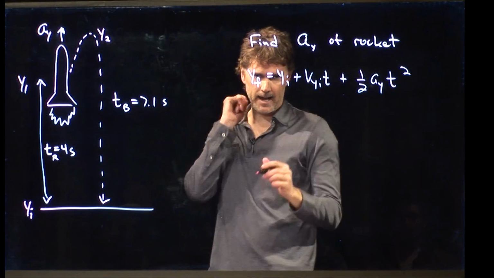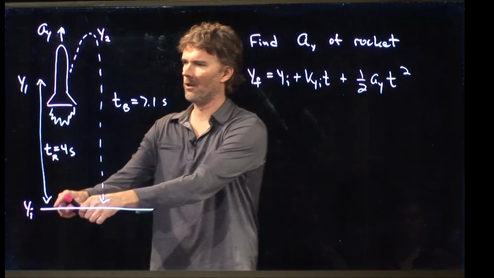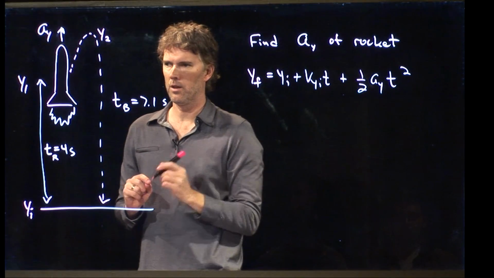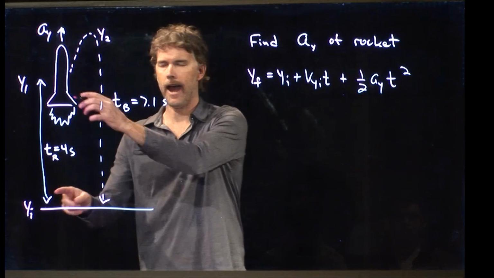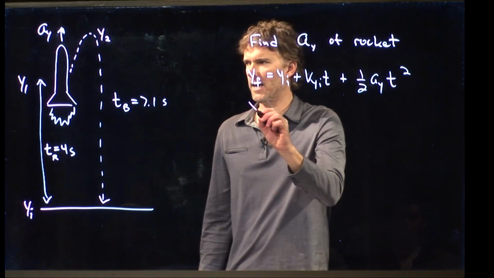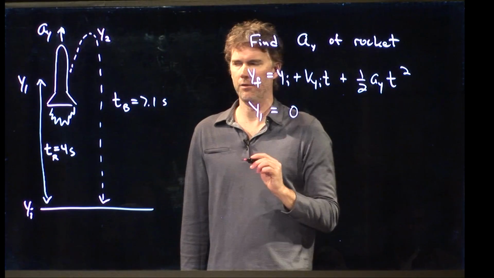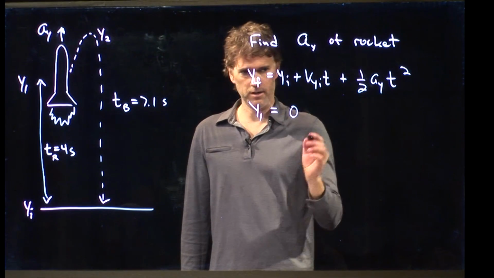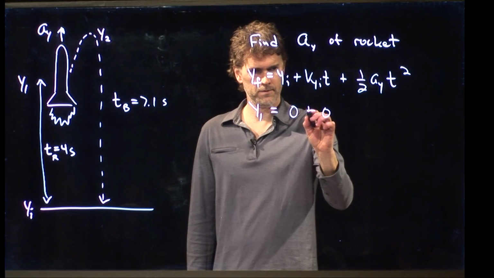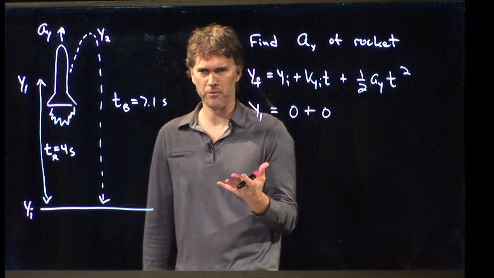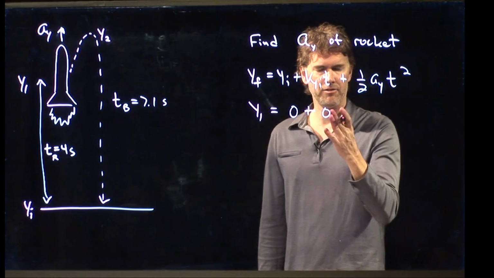Now, if we're going to apply this equation to the rocket going up, what can we say? Well, after 4 seconds, it has reached a height y1. It started at a height of 0. It started from rest. Okay, rockets typically start from rest on the launch pad. So that's 0.